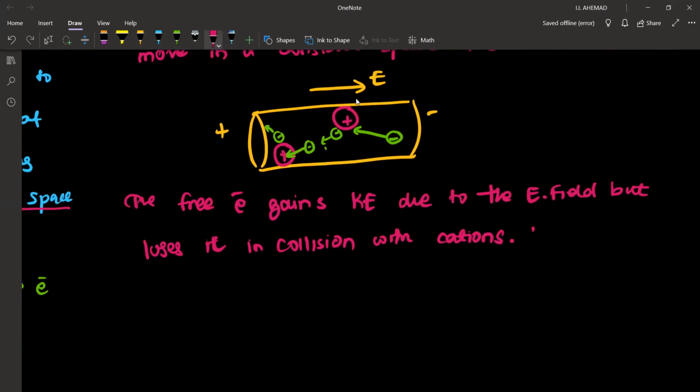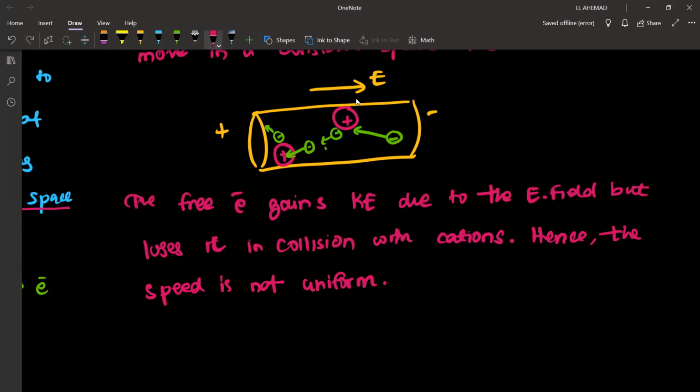Hence the speed is not uniform. Therefore, we consider a mean drift velocity. That means the average drift velocity.